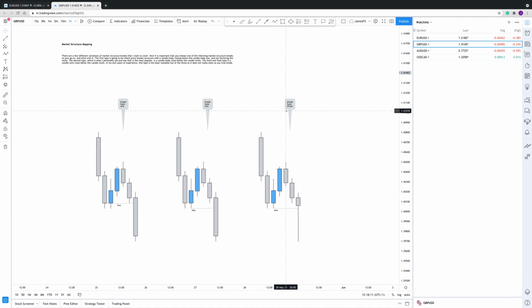So type 3, this is the final type. It is a candle wick closing below the candle wicks of the low. So wick to wick. Now in my own years of experience, this type is the least reliable out of the three, 100%, as it does not really show us any true break.